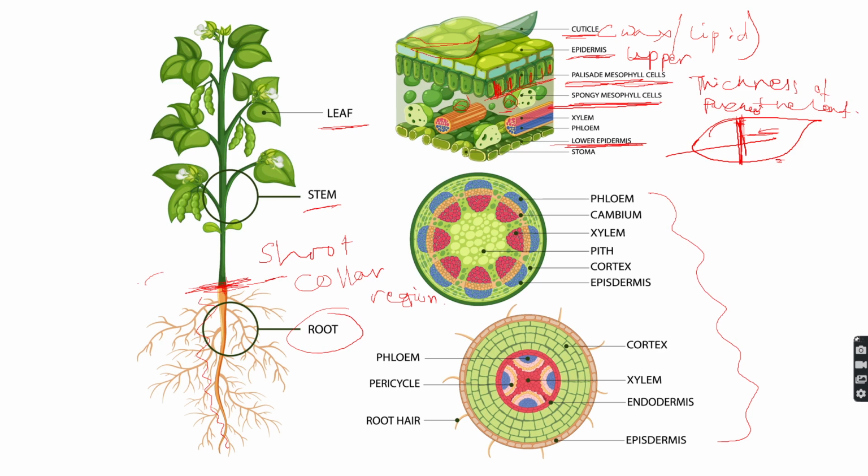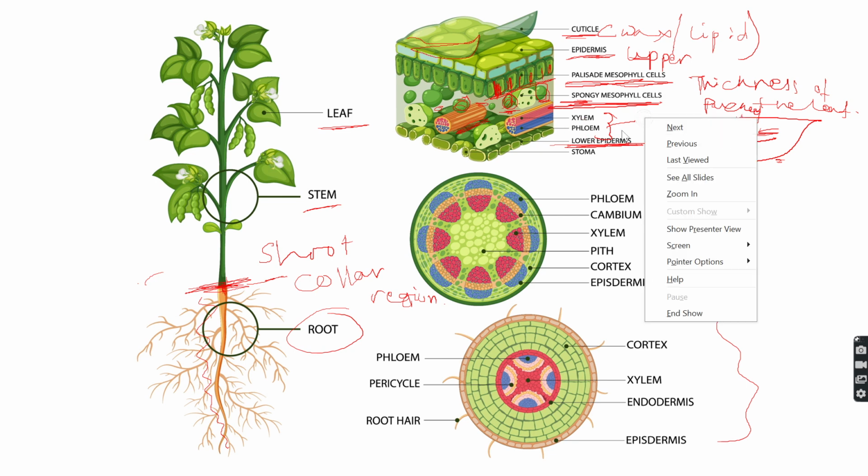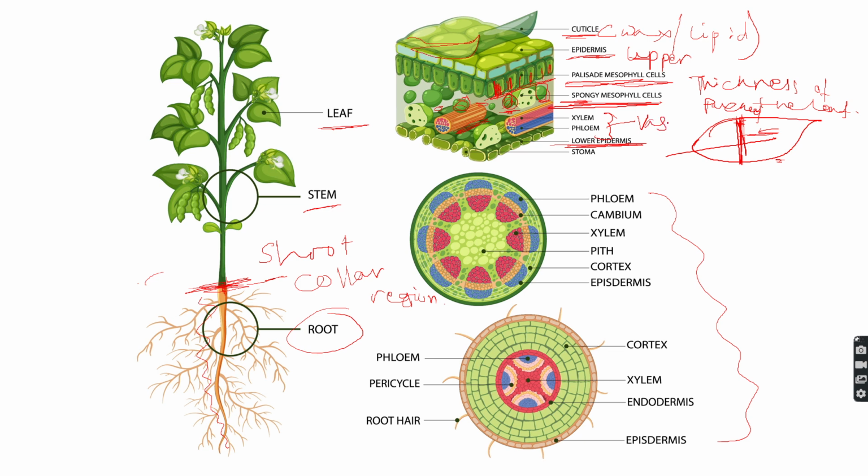But in case of spongy mesophyll cells, you can see these are first of all spherical structures, and second, they have space in between them, so that's why it is called spongy mesophyll cell. Now beneath the spongy mesophyll cell there is vascular tissue. Vascular tissue carries xylem and phloem.